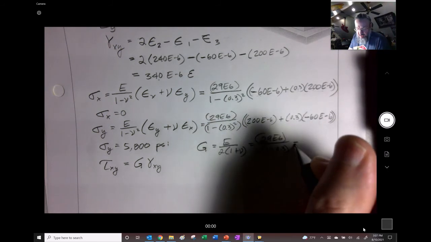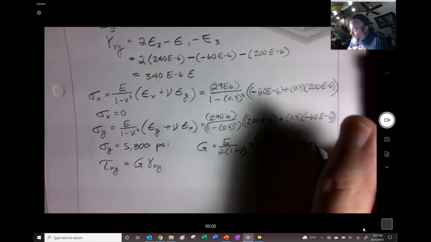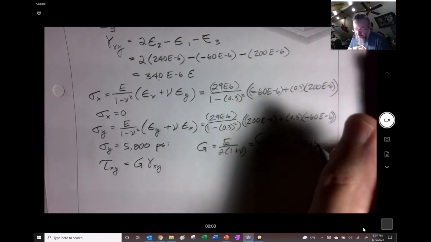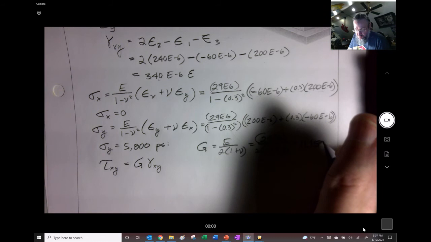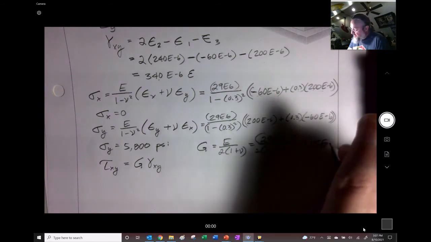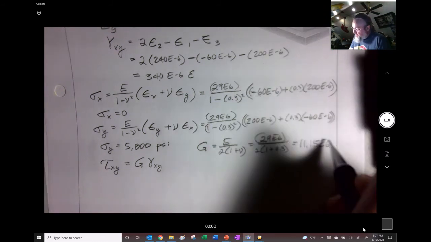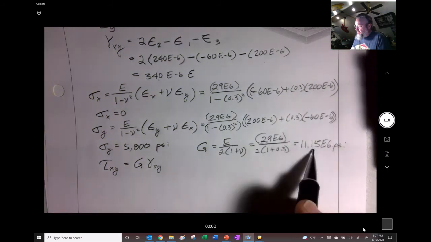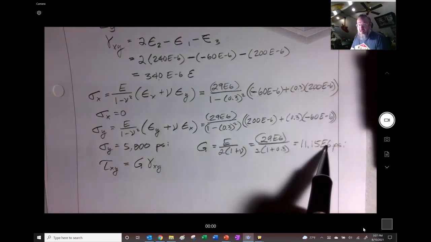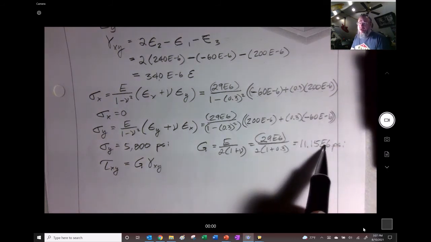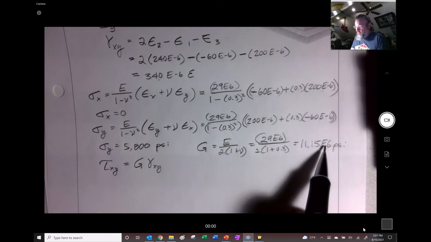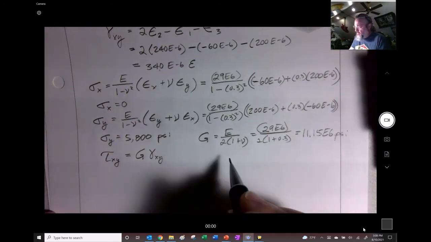And so we get 11.15E6 PSI, or 11.15 million PSI, right? MPSI, capital MPSI, if you want.